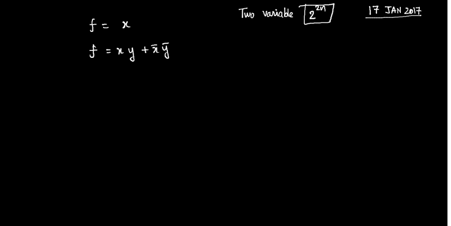Now see, I am putting a prime or bar whenever this function goes 0, whenever x is 0. Now, let me define some terms.